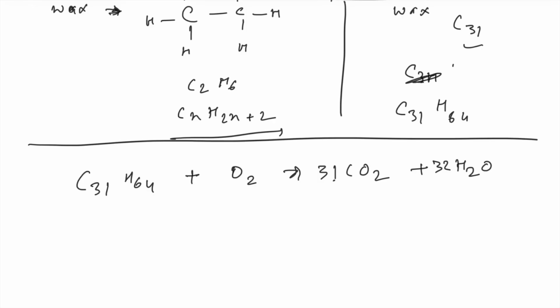Now oxygen how much? 31 and here 16, so 31 plus 16 would be 47. Right. Now the weight of this would be 31 into 12 plus 64 into 1, which will come around 436. Okay, and this would be 47 into 32.